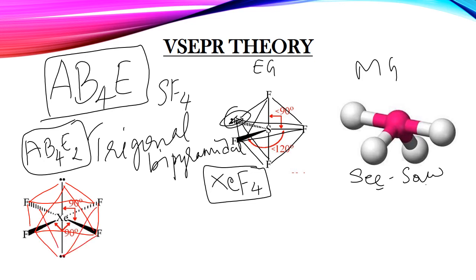So the four fluorine atoms are arranged in one plane, and the lone pairs are on equatorial position. This is also referred to as octahedral.